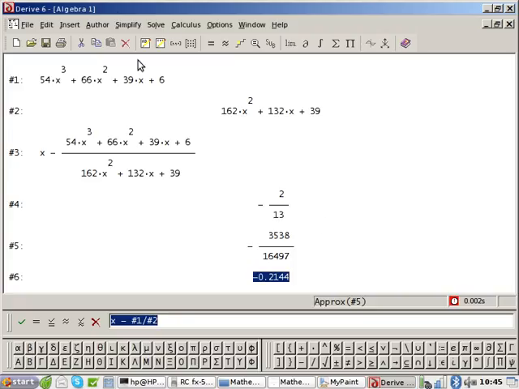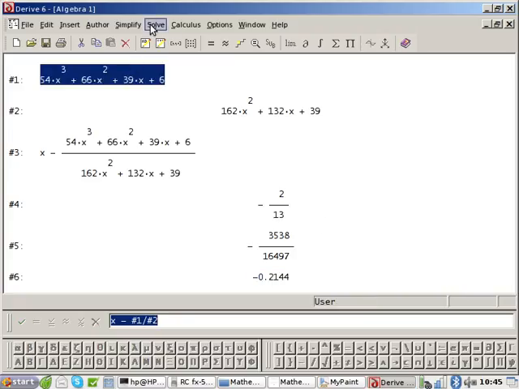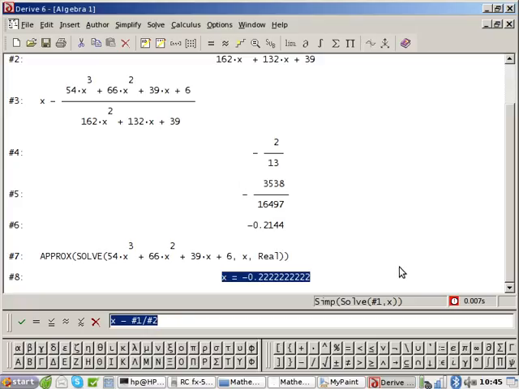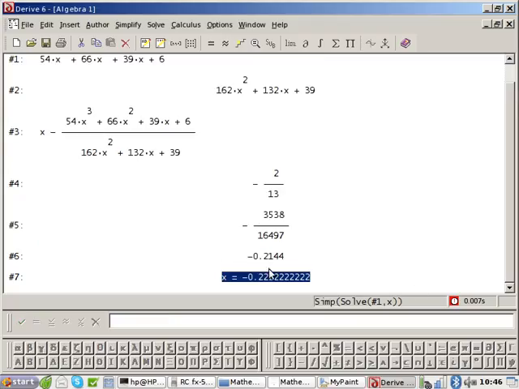Yeah, so I just need one line. So I'll get the program to solve this. And that's the true answer. 0.22, it was 2 over 9, I think. So close, isn't it? This is my answer, and this is the true answer. Pretty close, yeah?